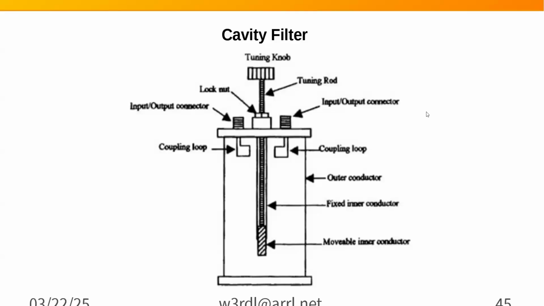There's a cross section of a typical one where you have a tuning knob that varies this slug, which I guess is changing the inductance. And then you've got these little coupling loops, and that thing acts like a big capacitor. So it's an LC network. I don't know any more about it than that. I've never actually twisted a knob on one.